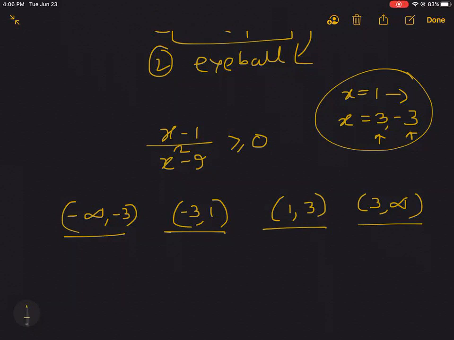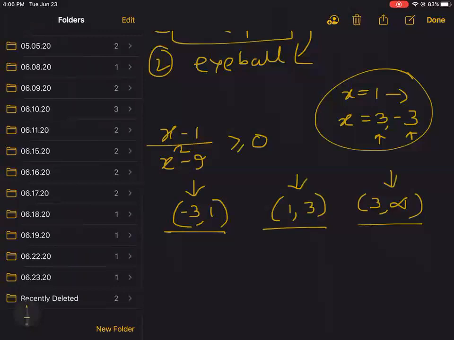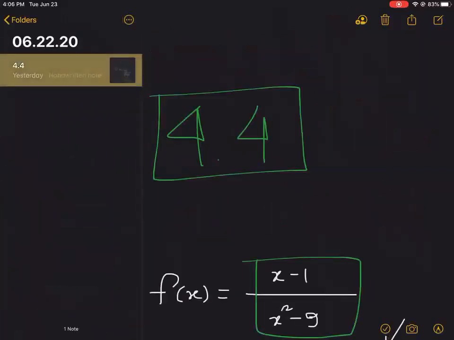Right, very good. We just need to take a value from each of these intervals, and then we can decide what happens. I'll come to that later. So let's take one value from each. I think I have the values in my previous file, so without wasting any time, let me go there and pick up the values.